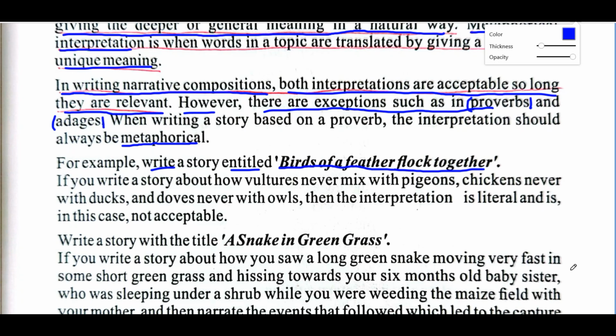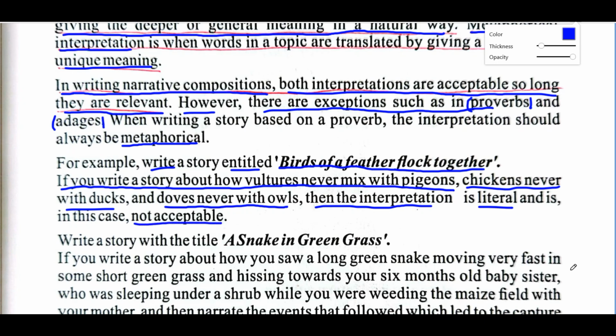For example, if you write a story about how vultures never mix with pigeons, chickens never with ducks, and doves never with owls, then the interpretation is literal, and in this case cannot be acceptable. Why? We want a deeper meaning from this one.